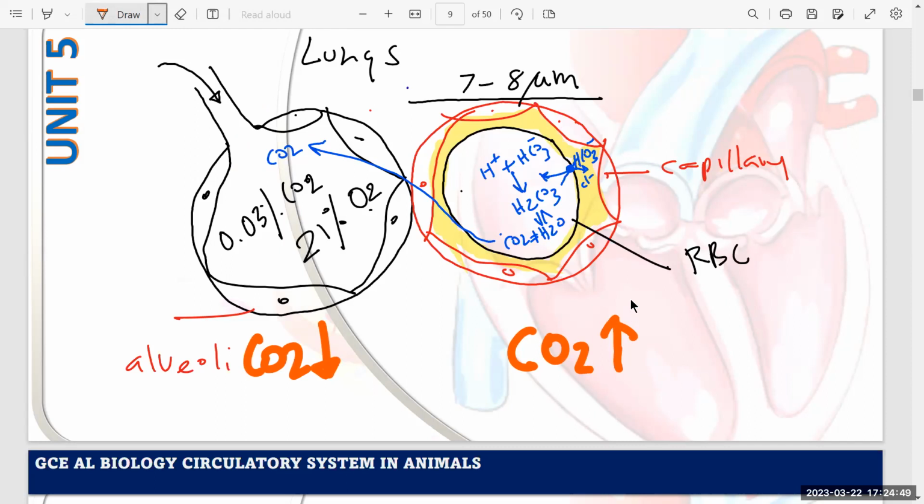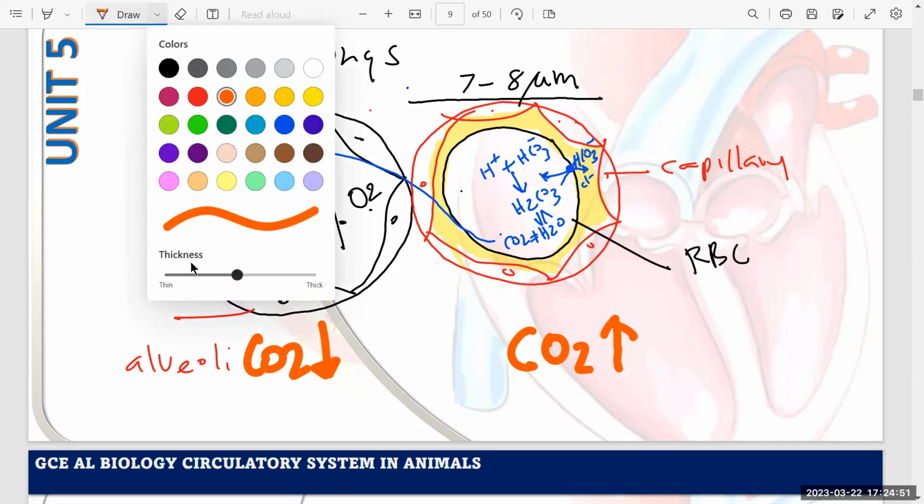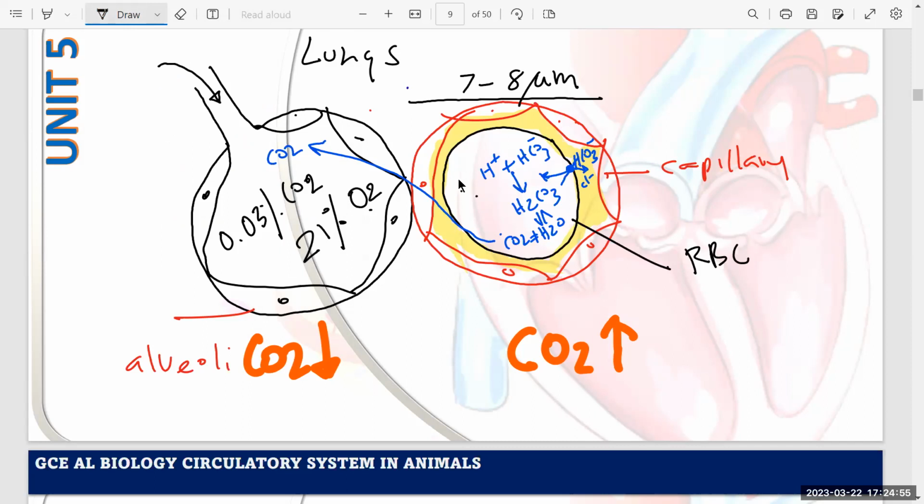It's simple diffusion, though we should also understand that it has to pass cell membranes. For example, it has to pass the red blood cell membrane, the endothelial cell membrane, and the alveolar epithelial cell membrane. Crossing membranes, we can consider as diffusion. So by simple diffusion from high concentration to low concentration, carbon dioxide can go out.